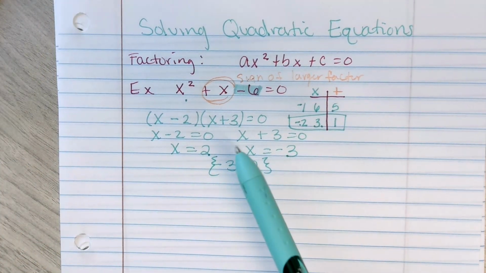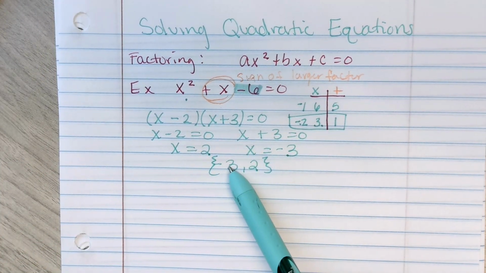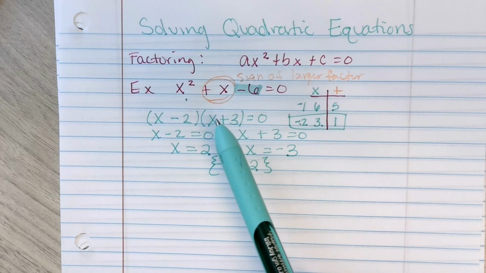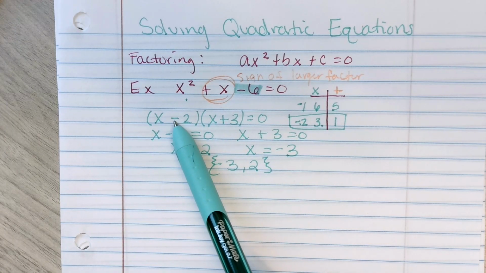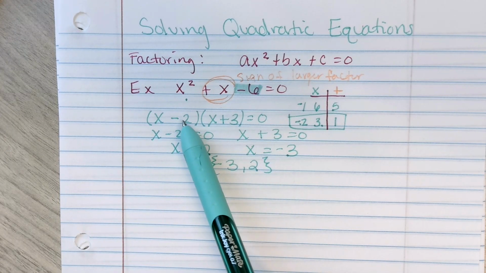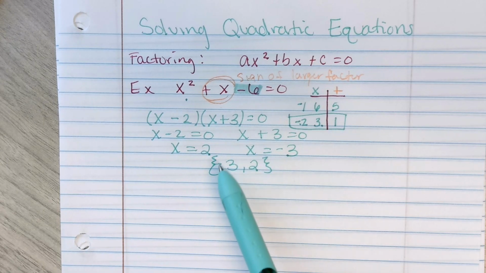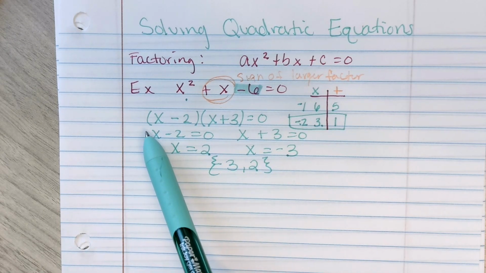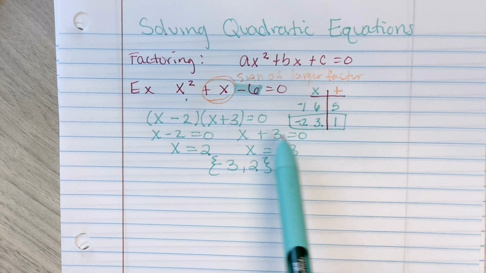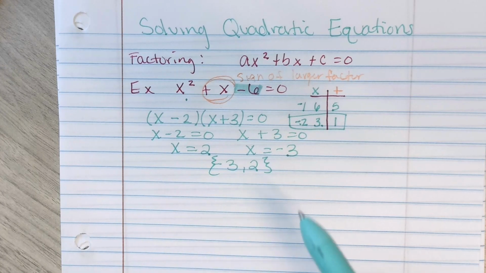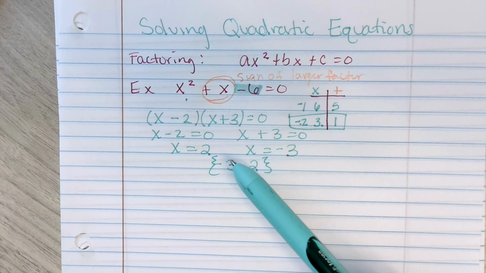Now some of you are going to say, well, can I just skip from here to here? Yes, if you see that pattern, this number always changes sign, so it became a positive 2 and a negative 3. But some people don't see that pattern and they need this work shown. Either way, it's fine for me. Just remember you're changing your sign.